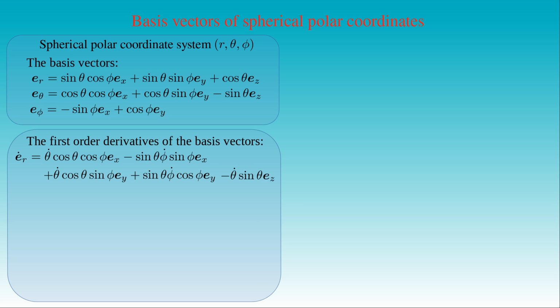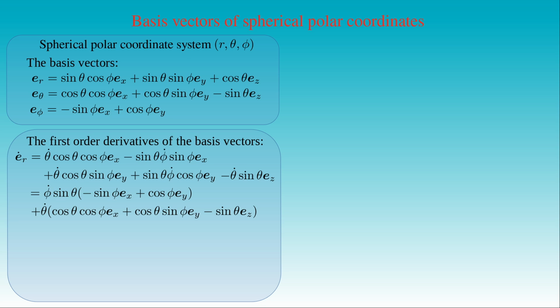Similarly, since the z-component of the basis vector er is cosine theta, its derivative is equal to minus theta dot times sine theta. Now we can factor out the expression phi dot times sine theta from the second and the fourth terms in the right-hand side. This gives phi dot times sine theta, times the sum of minus sine phi times ex and cosine phi times ey. We can also factor out the derivative of theta from the rest of the right-hand side, which gives theta dot times cosine theta times cosine phi times ex plus cosine theta times sine phi times ey minus sine theta times ez.